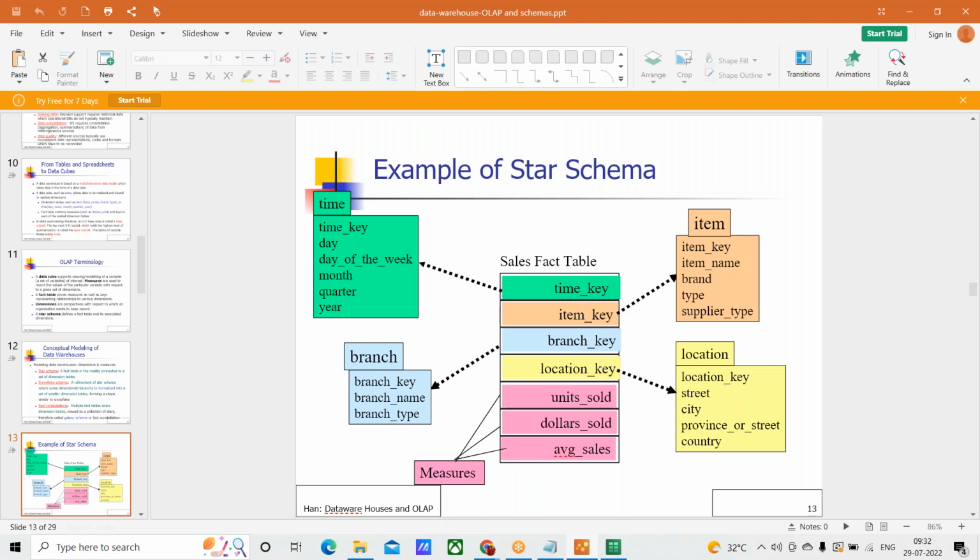Otherwise, we would say that everything should be there in the customer table only: item, location, branch, time, everything. That will make a mess of it, right?